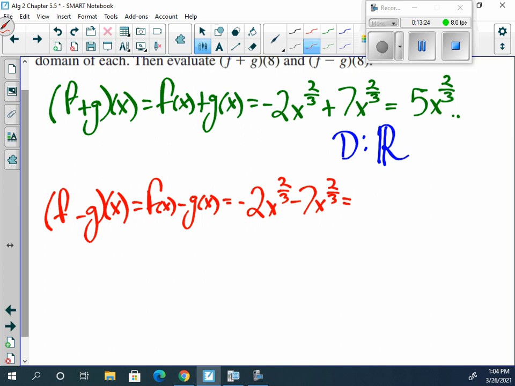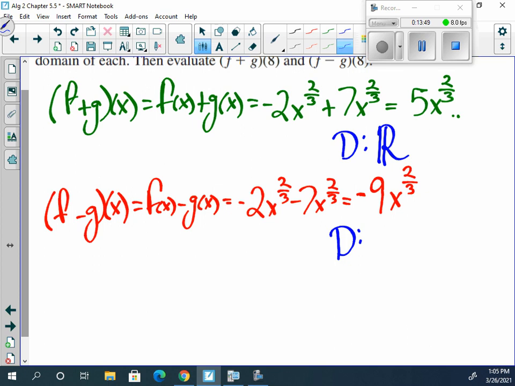And this here will give us a negative 9x to the 2/3, because again, the x to the 2/3 is the same. In both of these, the variables are the same. We can subtract the coefficients. So negative 2 minus 7 would give us negative 9.